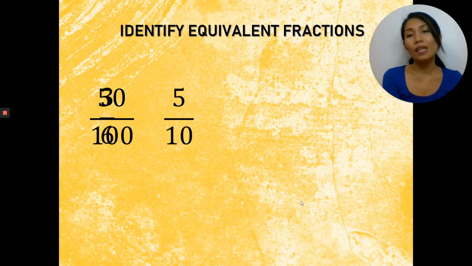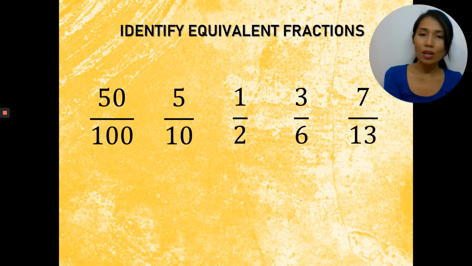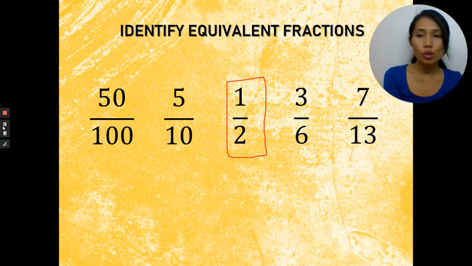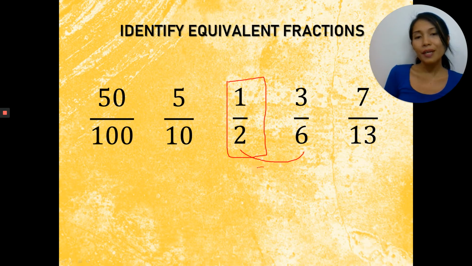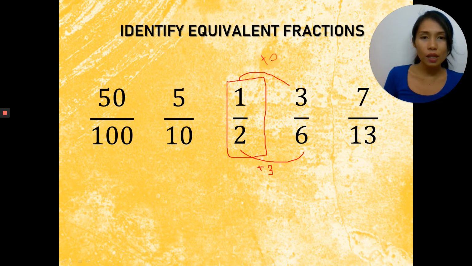Okay, let's try another example. Let's try from the smallest denominator. The smallest denominator here is 2, in 1/2. Now let's see where we're going to start. 2 times 3 equals 6. Now let's try above: 1 times 3 equals 3.